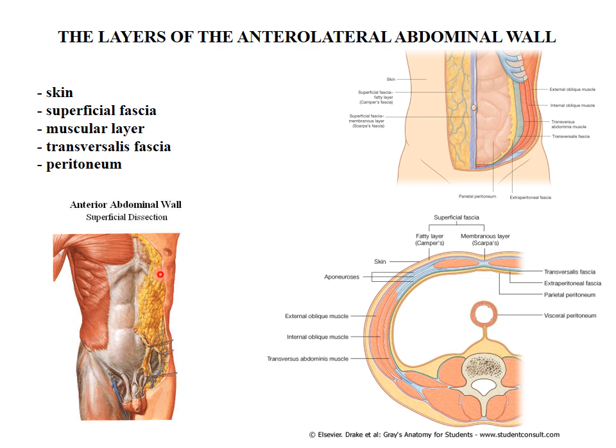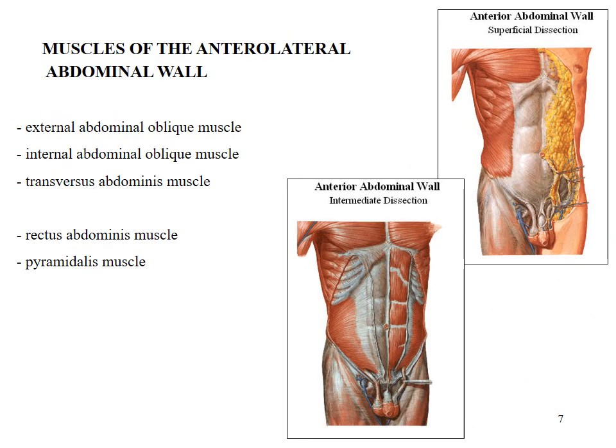Superficial fascia has two layers, Camper's fatty layer and the membranous deep layer, Scarpa's layer, and in fat people, these two layers are separated in the lower part of the anterolateral abdominal wall.